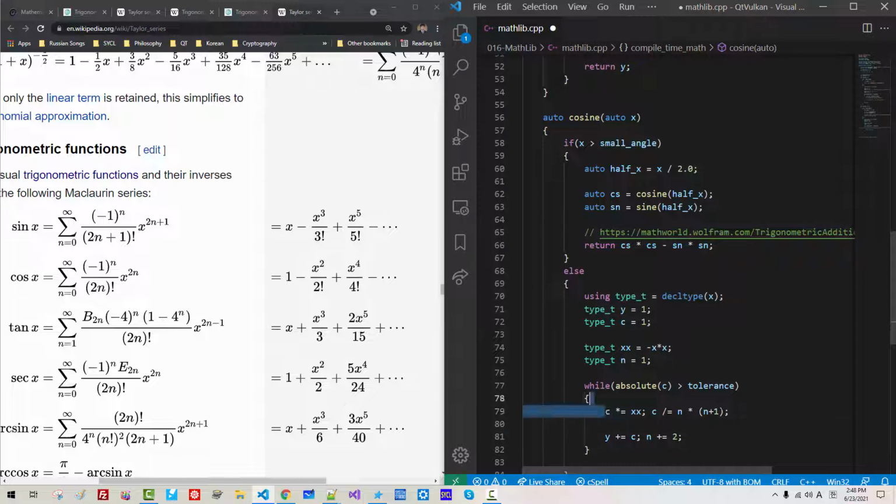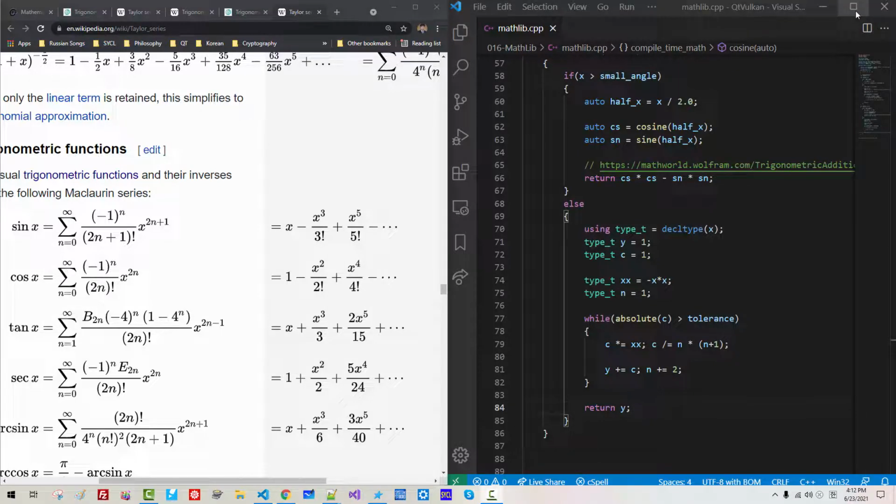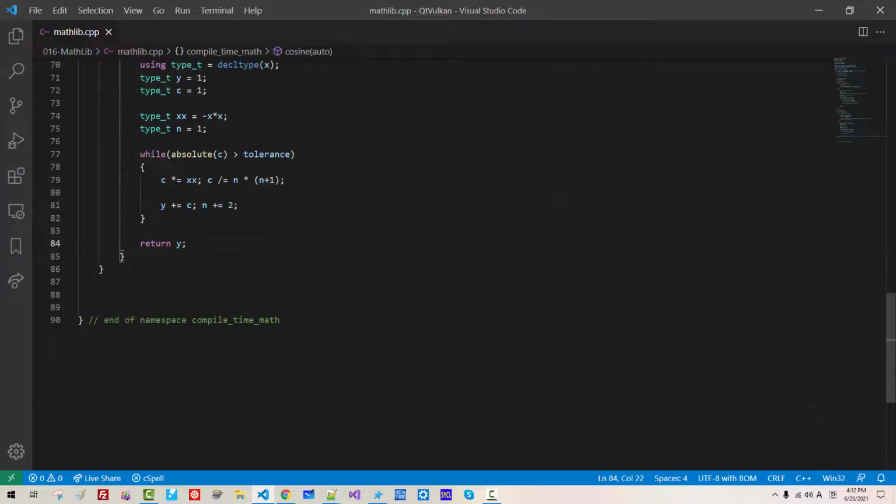So in this part we compute each term of cosine x. Then we sum up the coefficient. Then we increment n by 2 for the next term. Here, return y.